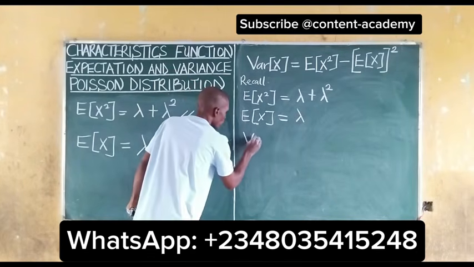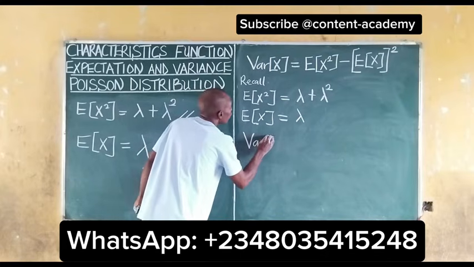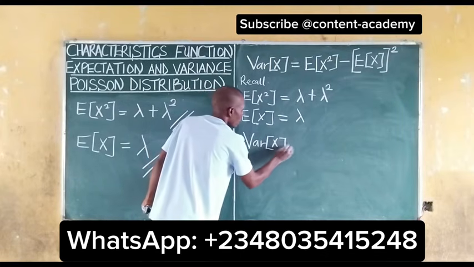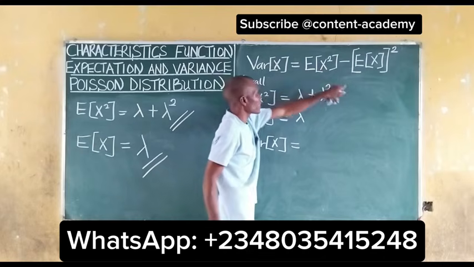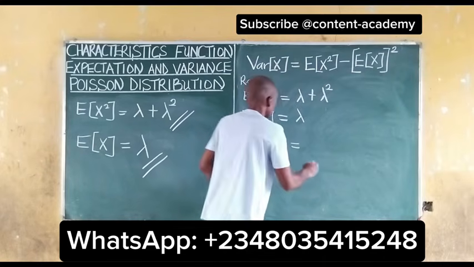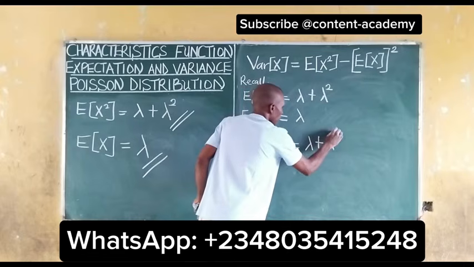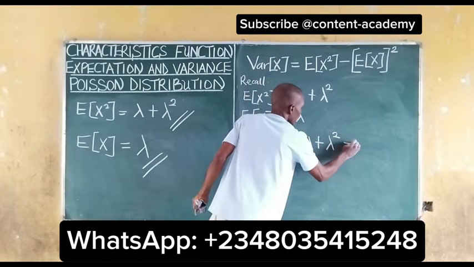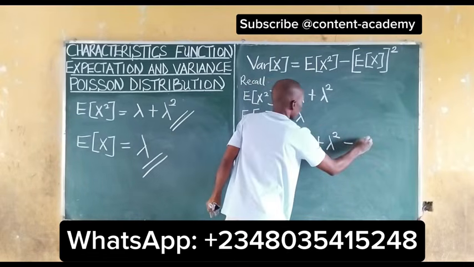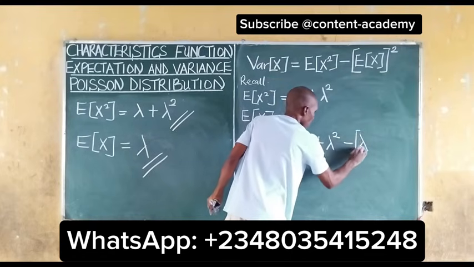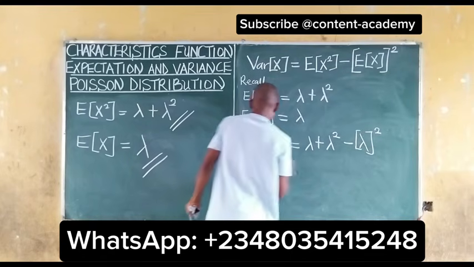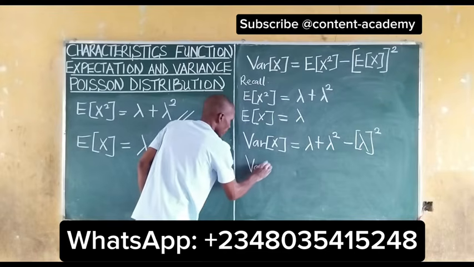All we need to do is just to substitute what we got for the expected value of x squared and the expected value of x. So for the expected value of x squared, we got lambda plus lambda squared, minus the expected value of x, which is lambda, all squared.